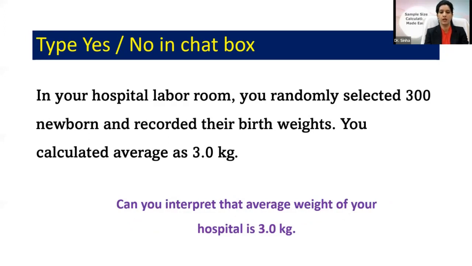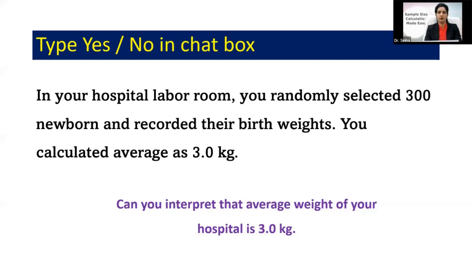So what will your answer be? Now you can see it depends on the total deliveries. Yes, you are right. And you can see here that obviously you need a sampling frame.